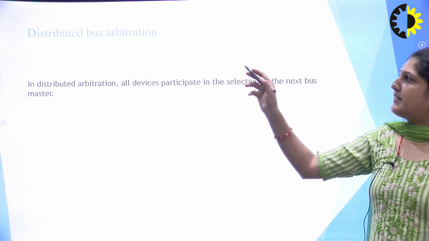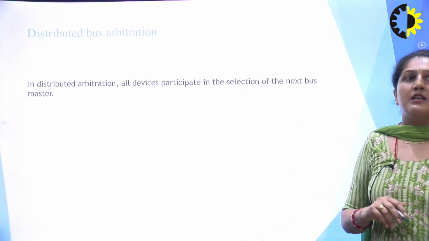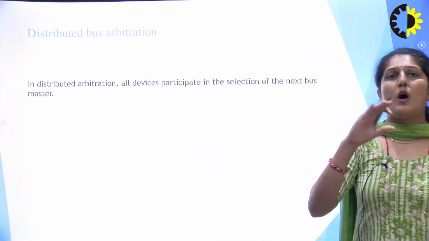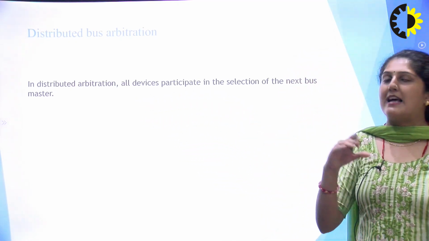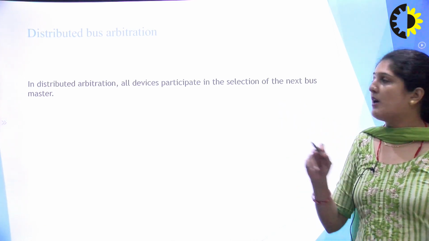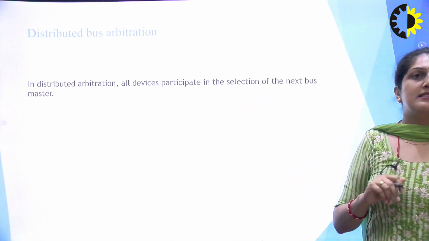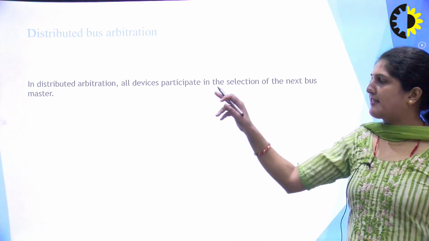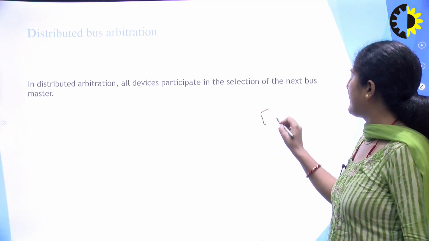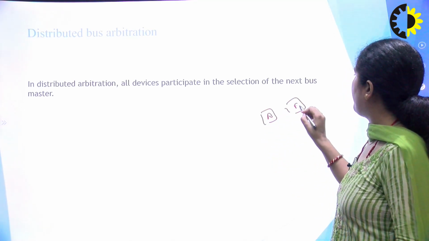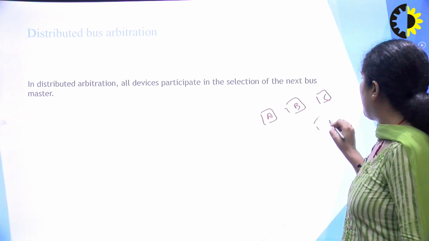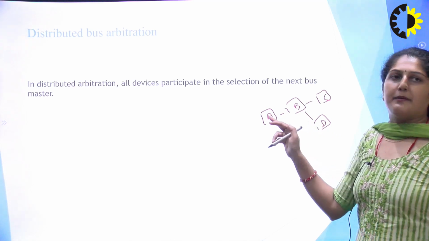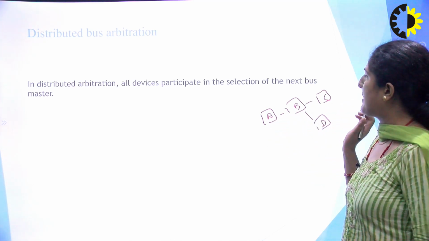Now we see what distributed bus arbitration is. As we know, in distributed bus arbitration there is no upper authority and no controller, as in centralized bus arbitration. All the devices participate in selecting the next bus master. If suppose there are A, B, C and D, they all will communicate with each other and decide who will become the bus master.